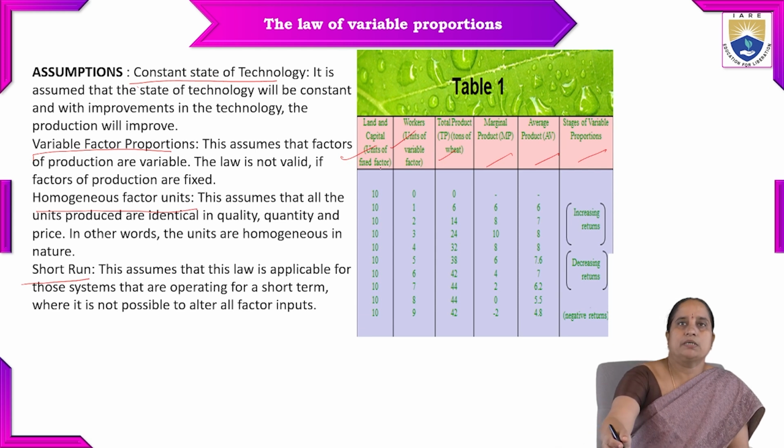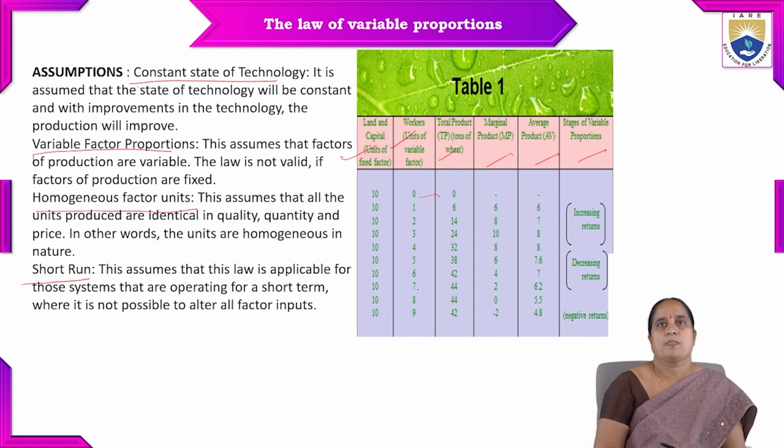As we said, land and capital are fixed at 10 units, and we can see there is variation in terms of workers. When land and capital are 10 units and workers are 0, the total product becomes 0.